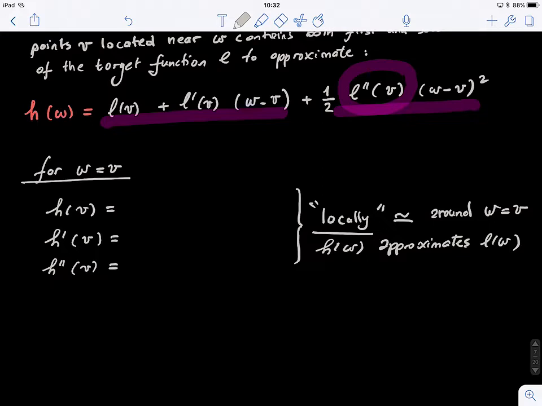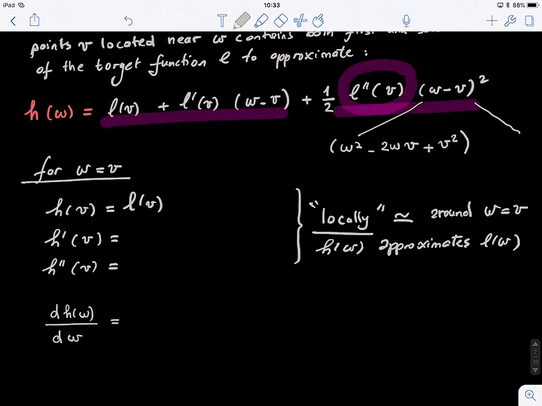So we have L of V. So you derive first with respect to omega, and then you make the evaluation at point V.